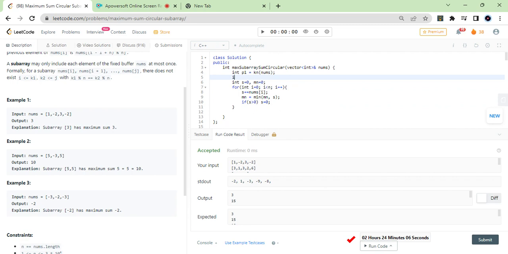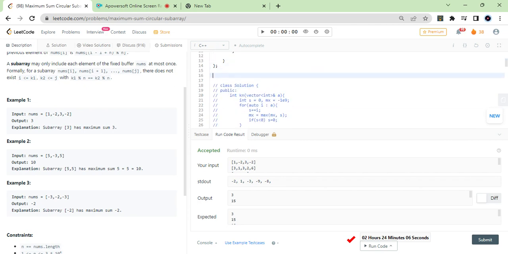So the total sum t is accumulate nums dot begin. Actually, what I'm saying is the lower limit of the minimum. The minimum can at max be your minimum element.